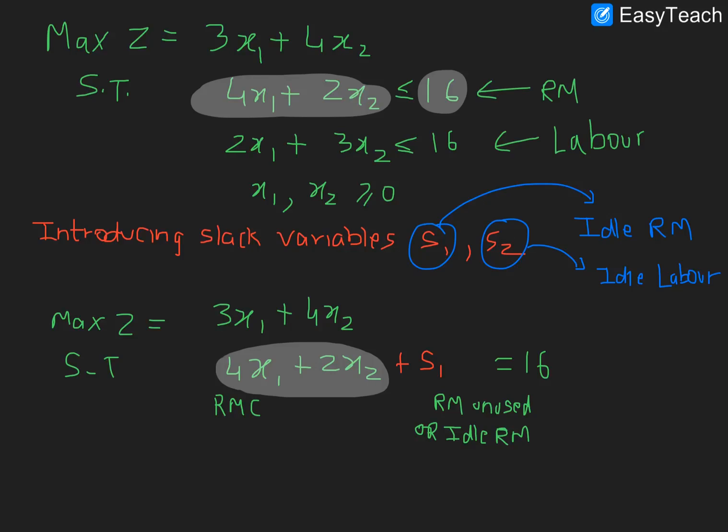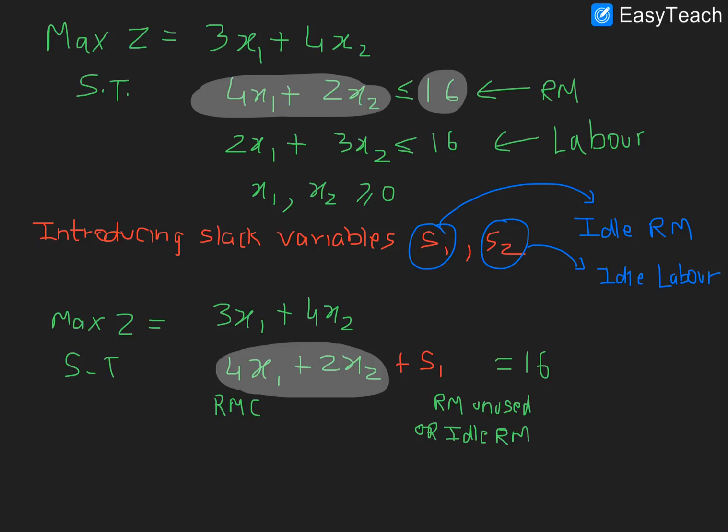So that's the introduction of the slack variables. When we add S1, this equation definitely makes sense, and we are in line with the original meaning, where raw material consumed plus raw material unused or idle raw material should be equal to 16.